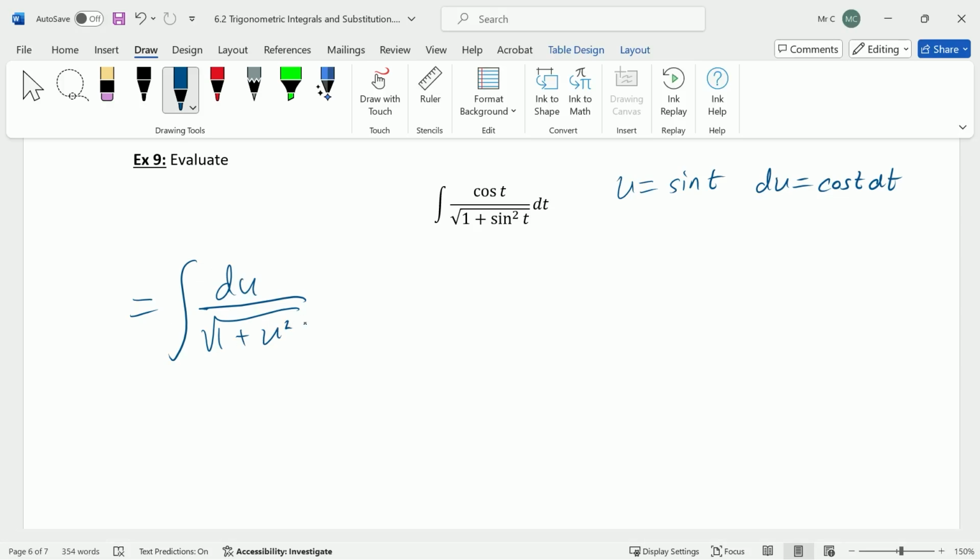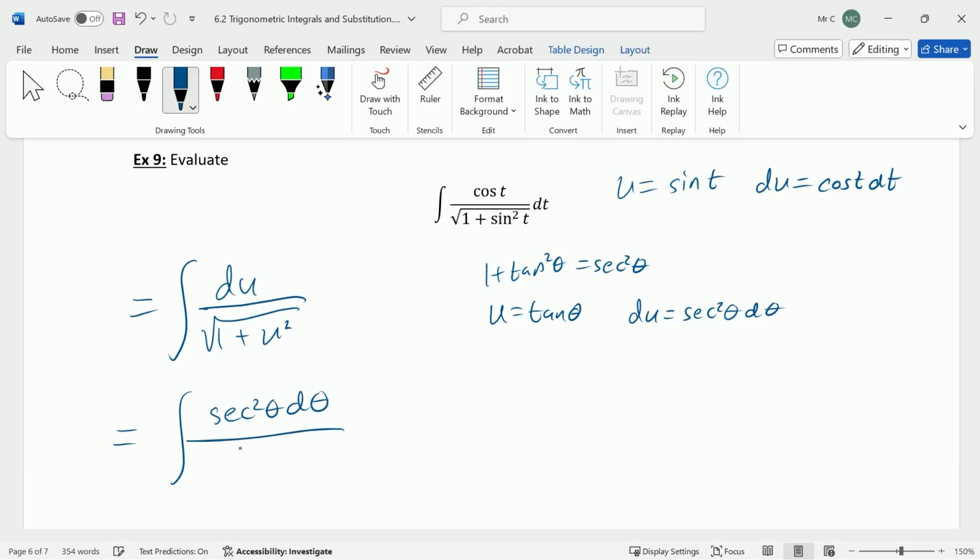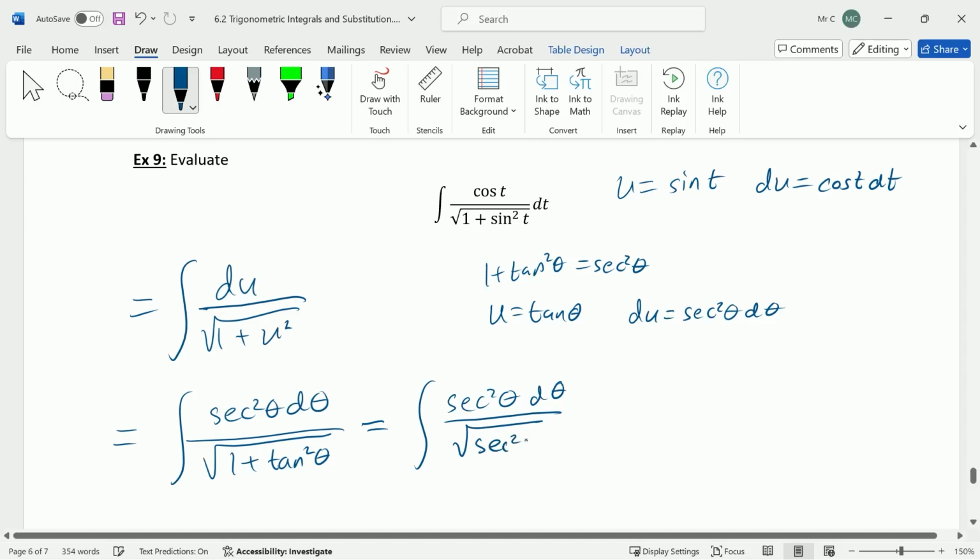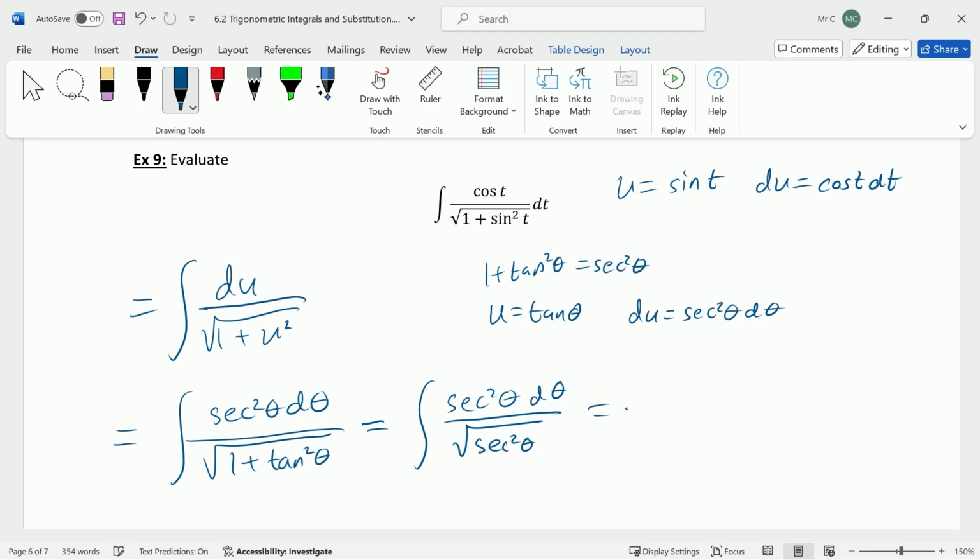So I see 1 plus u squared. That looks a lot like 1 plus tangent squared of theta equals secant squared of theta. So I'm going to let u be tangent of theta, in which case du will be secant squared of theta d theta. So we get secant squared of theta d theta over the square root of 1 plus tangent squared of theta. 1 plus tangent squared of theta is secant squared of theta.